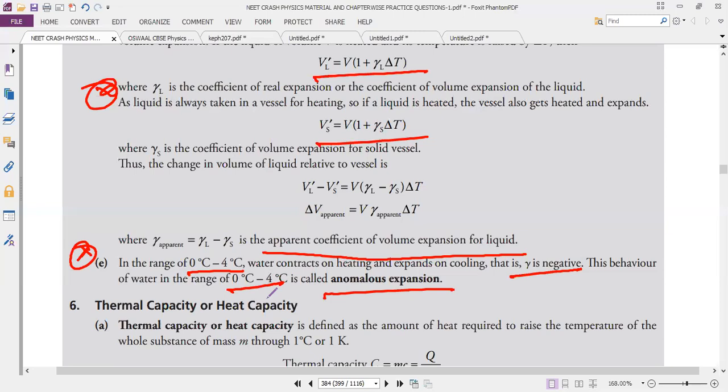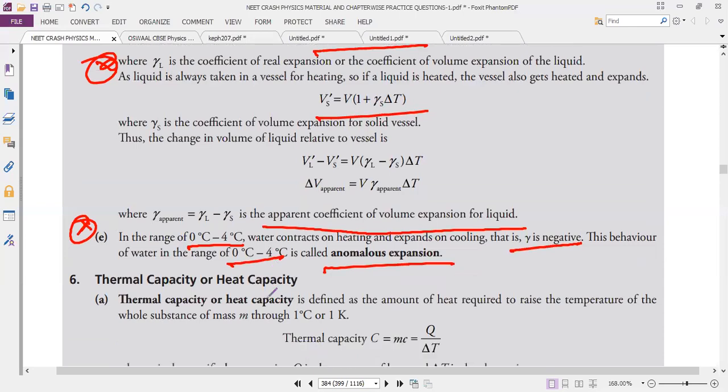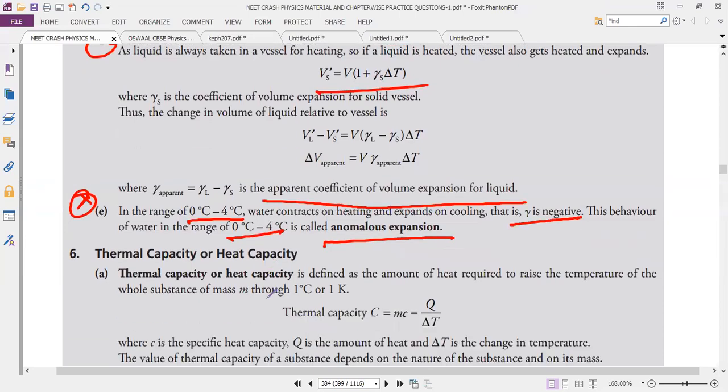Okay. So next thermal capacity, another one heat capacity. Thermal capacity means the amount of heat required to raise the temperature of whole substance of mass m through 1 degree Celsius, otherwise 1 Kelvin. I want to increase the temperature, how much?